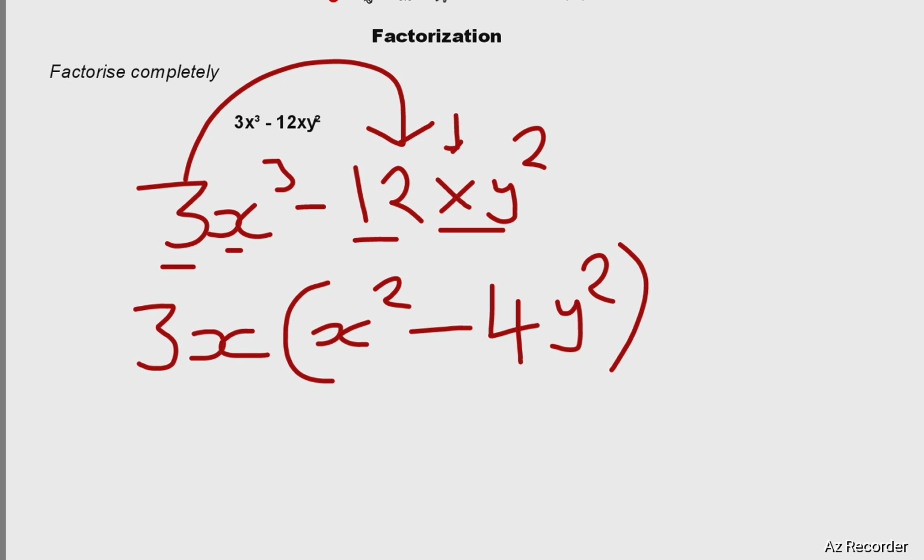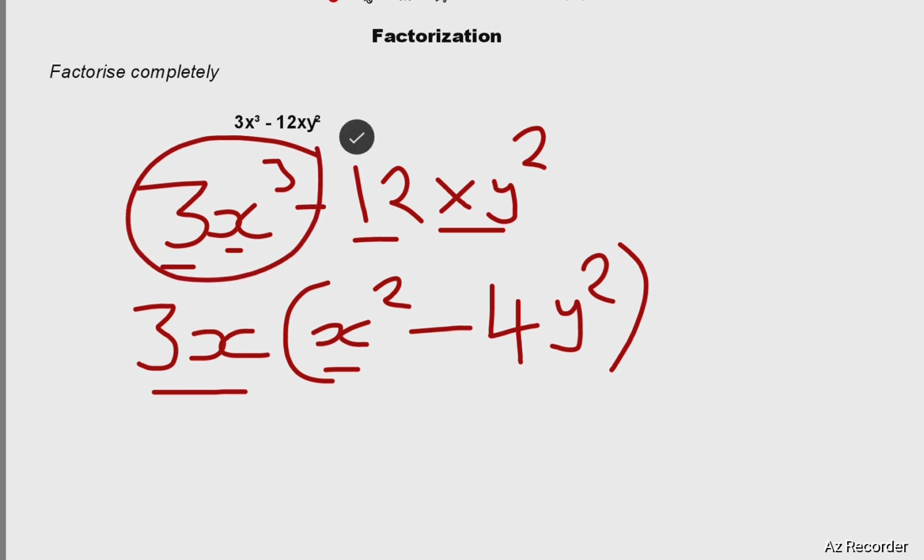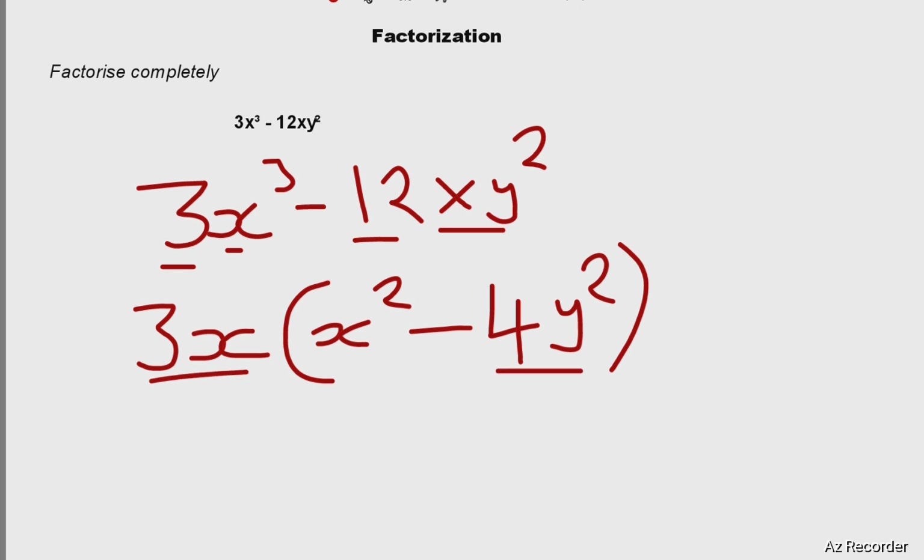So here you must make sure that whatever you do, you are able to go back to the same thing. So what I mean is 3x times x squared must give us 3x cubed. Then again 3x times 4y squared must give us 12xy squared. Okay, that's what I mean there.